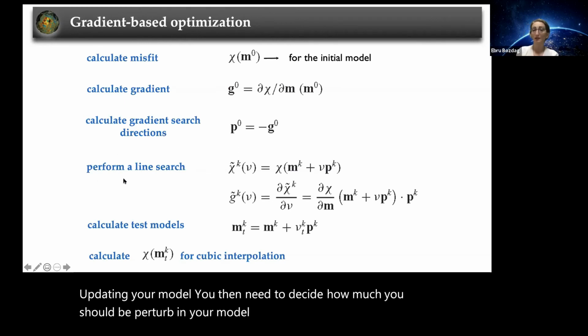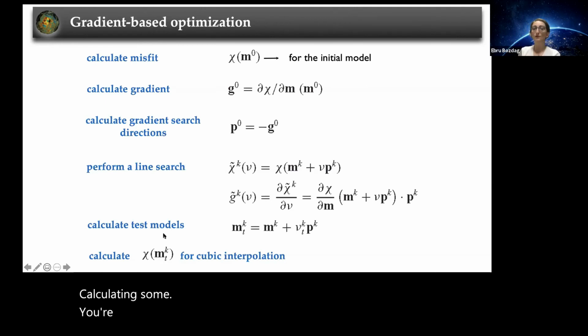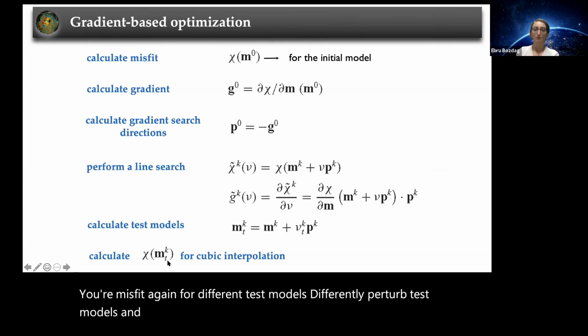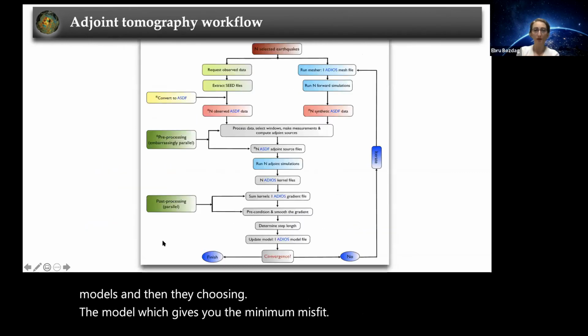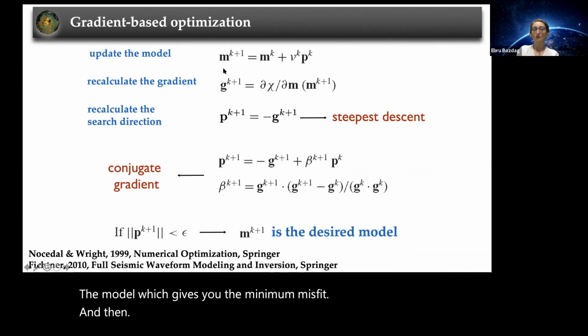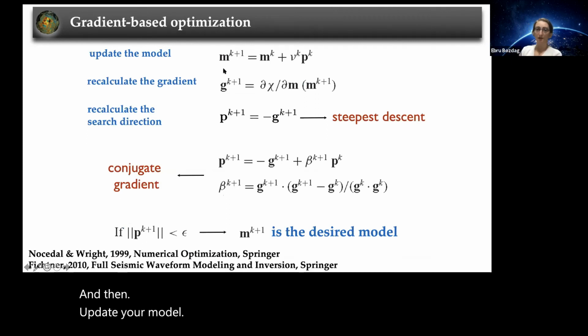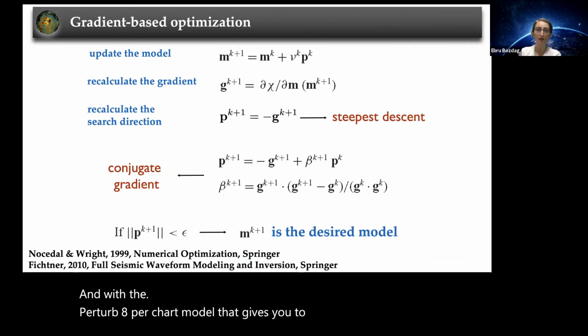Then you need to perform a line search, calculating your misfit again for different, differently perturbed test models, and then choosing the model which gives you the minimum misfit. And then update your model in the search direction with the perturbed model that gives you the minimum misfit at the line search.